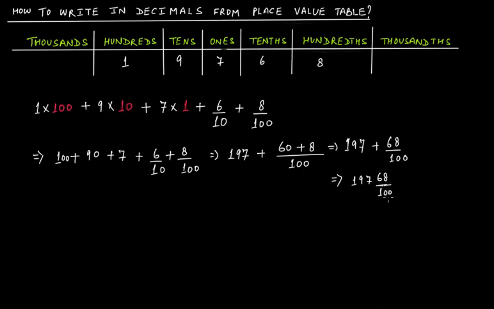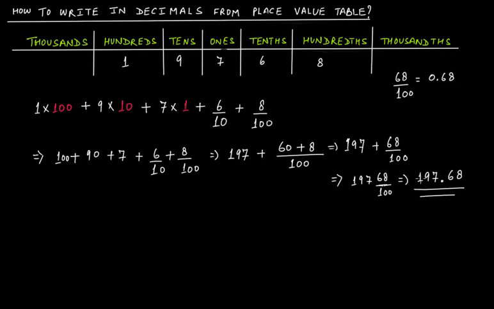This 68 over 100 can be written as 0.68. So this will be 197.68. So this is the answer.